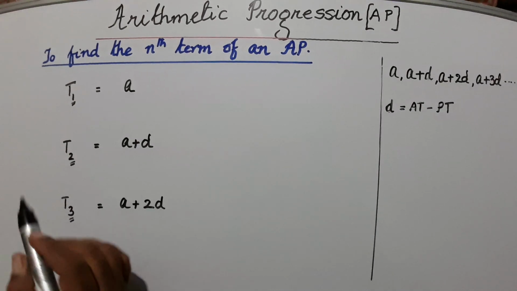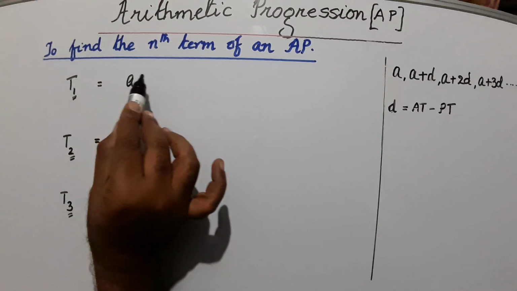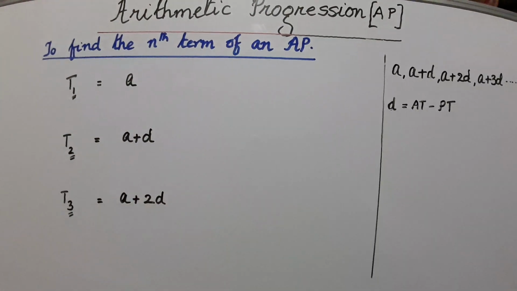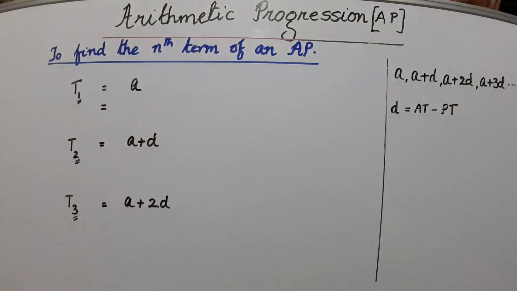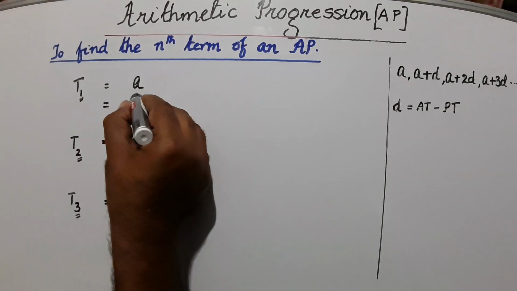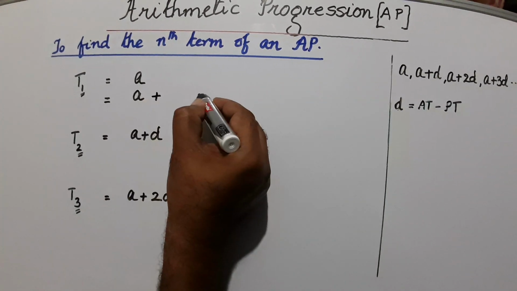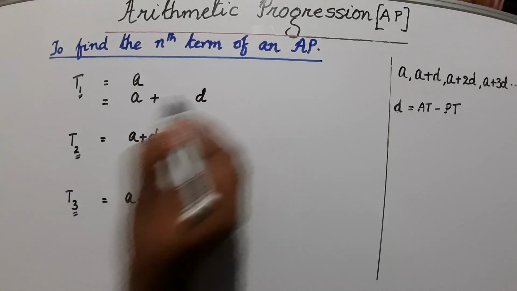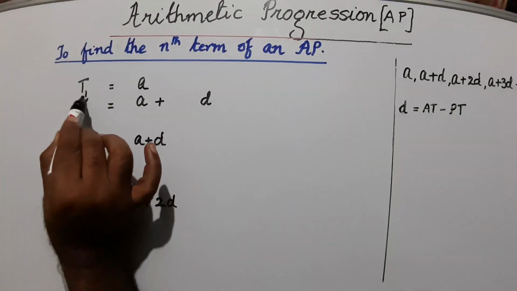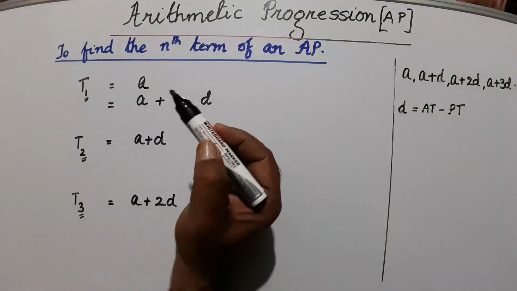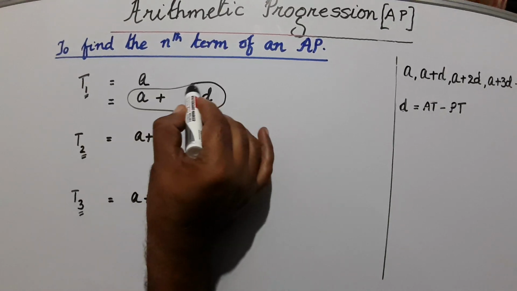And how do we do that? The first term, I want to express it using both a and d and also the suffix 1. So first term T1 is equal to, I will write a plus, I will write d. So two conditions are fulfilled. a and d have come there. This suffix 1 has to come. And after that suffix 1 comes, whatever is written here should be equal to a.